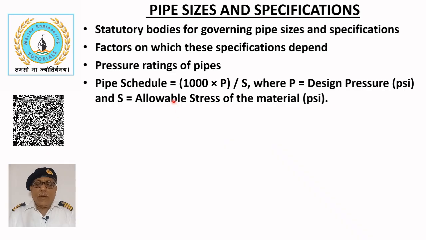The schedule number is calculated using the formula: Schedule is equal to 1000 times P divided by S, where P is design pressure in PSI and S is the allowable stress of material in PSI.